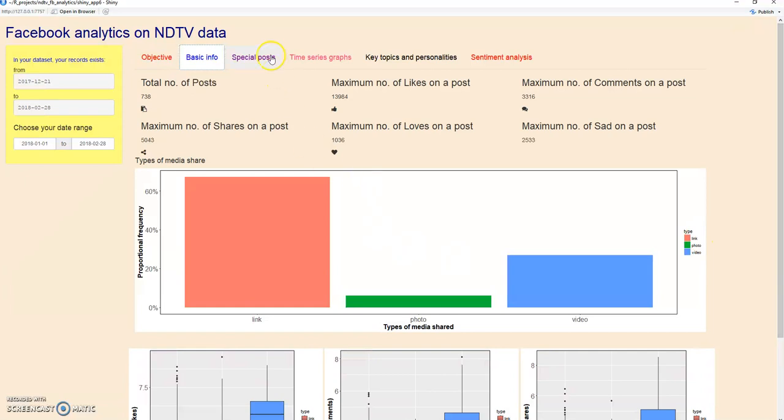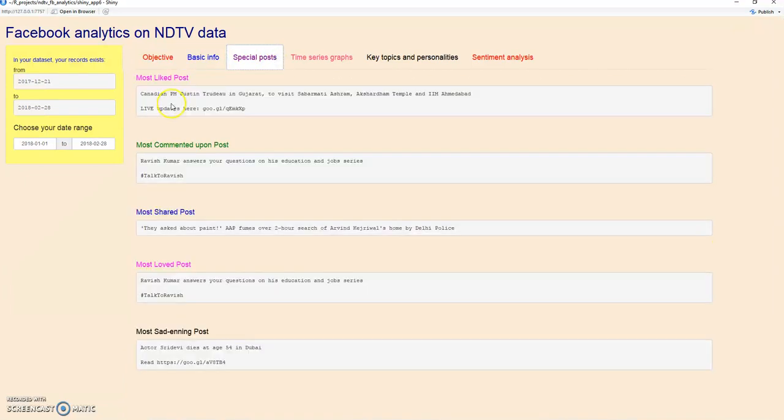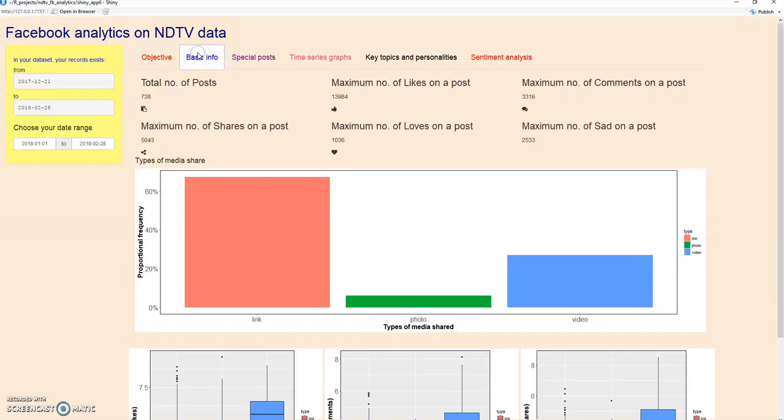Let's next look at the special posts. First we have the most liked post, and this is what the post says: the Canadian Prime Minister Justin Trudeau to visit Sabarmati Ashram in Gujarat. You can see that the most liked post has approximately close to 14,000 likes.